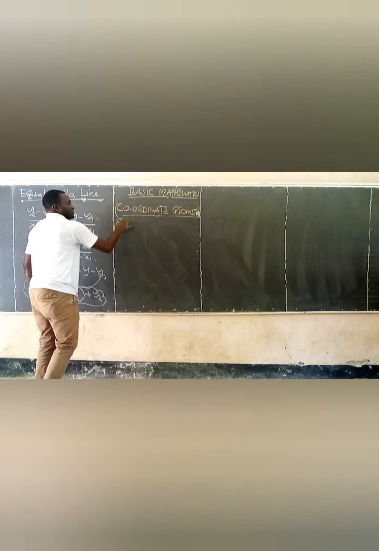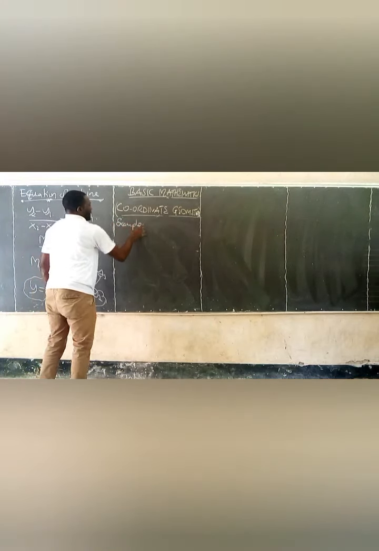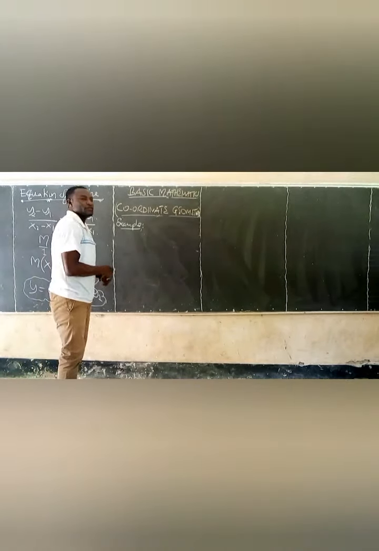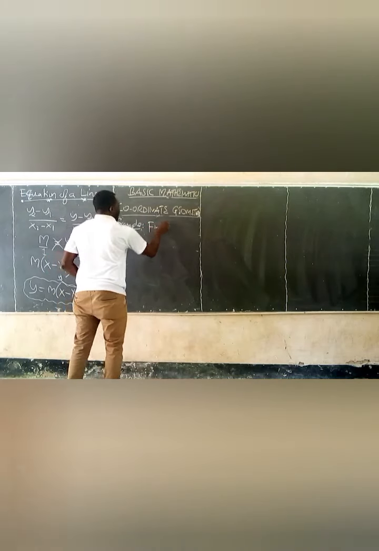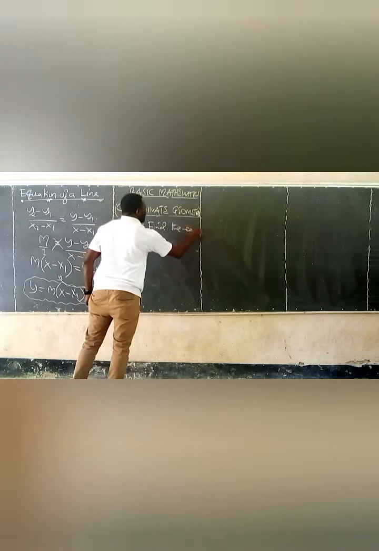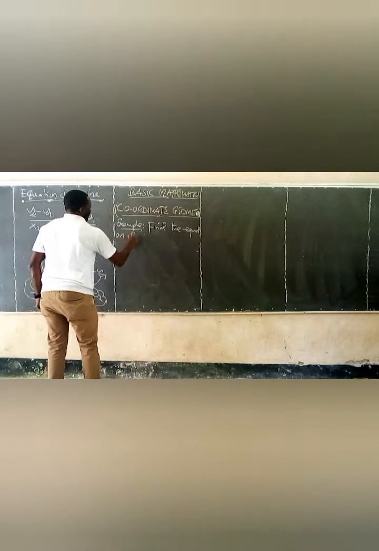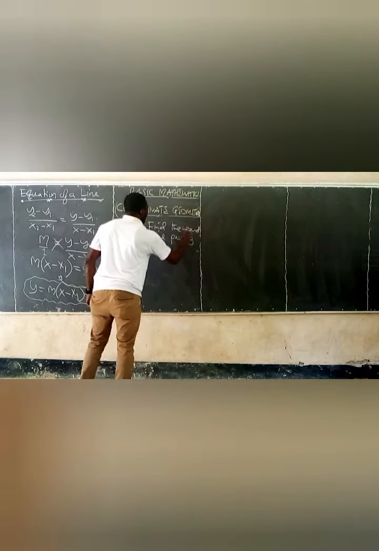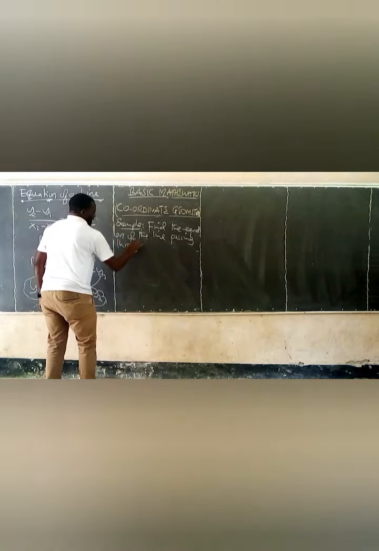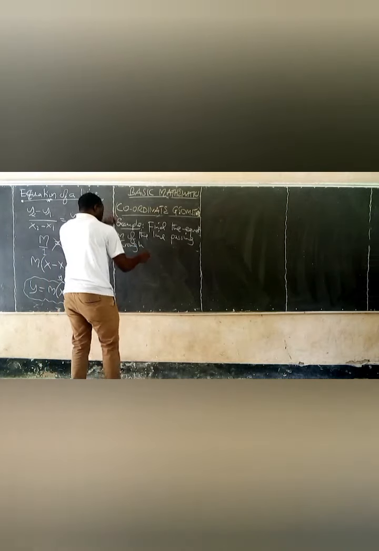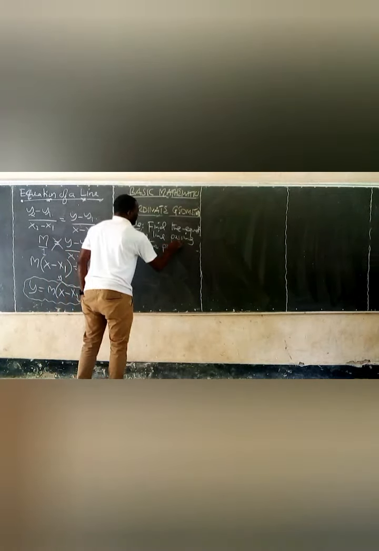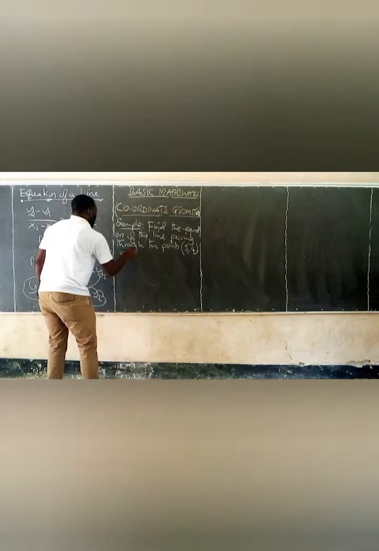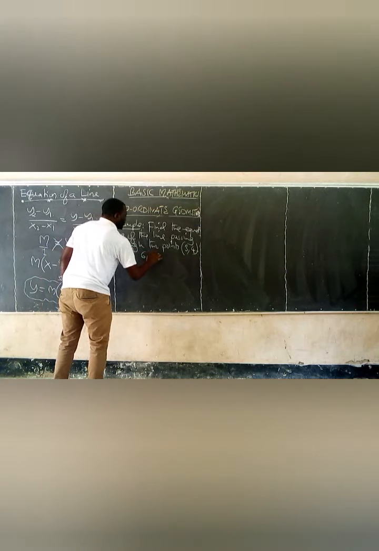Example number 1. Example number 1 says: find the equation of the line passing through 2 points, 3, 4 and 6, 7.